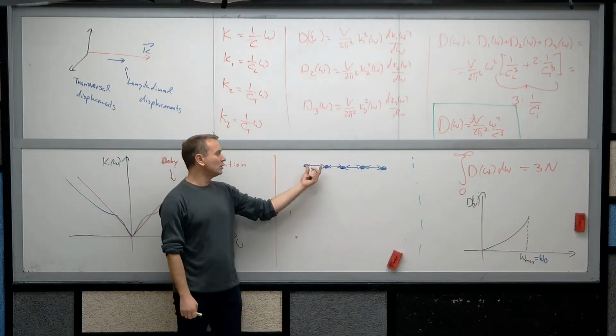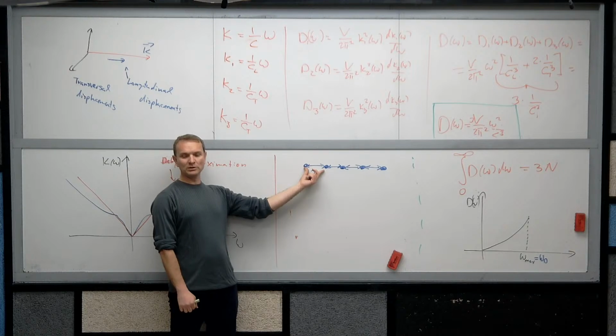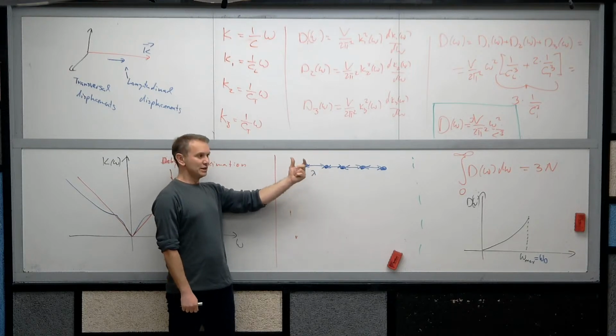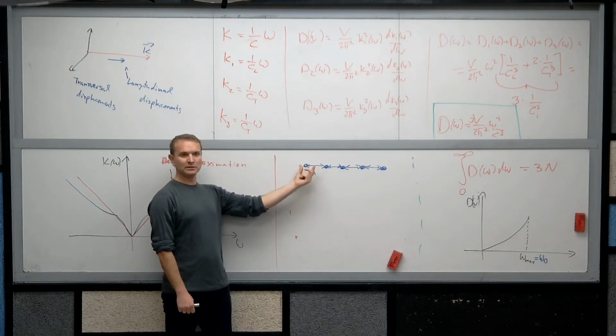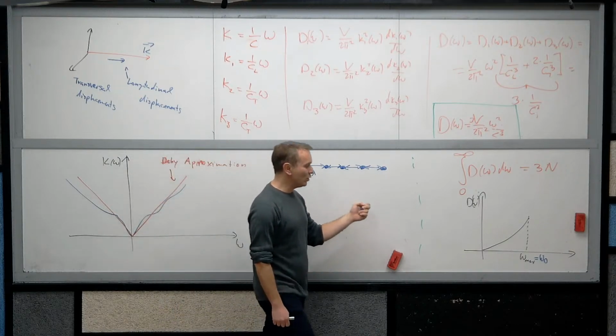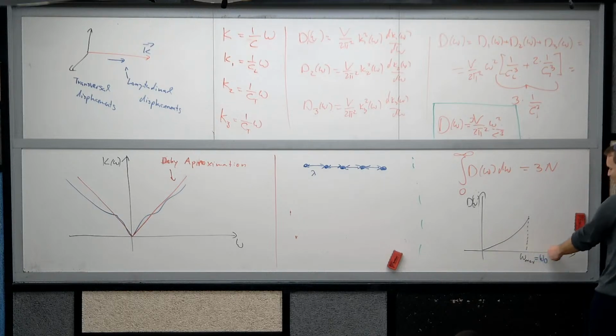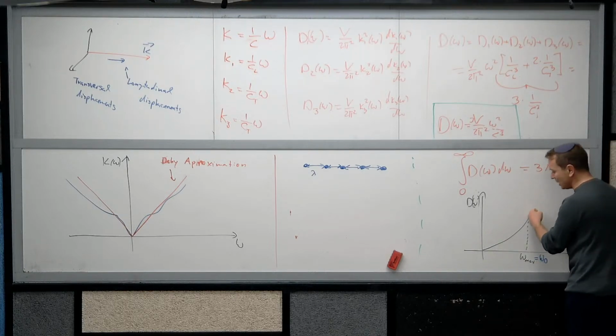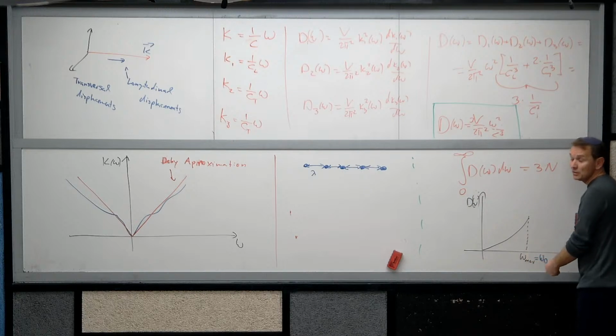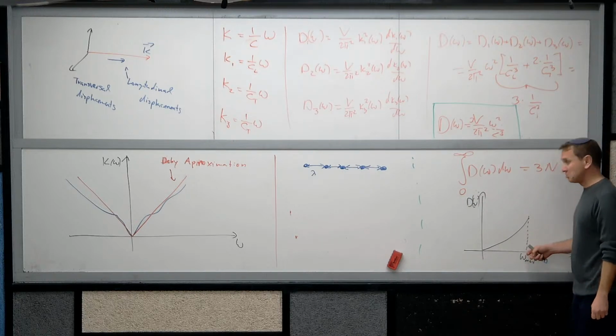Minimal lambda is related to the interatomic distances, and this is not 0, it's actually finite. So this is why I cannot have omegas or k vectors that are extremely high. In any case, I will have to cut it somewhere. And Debye decided to cut it over here.